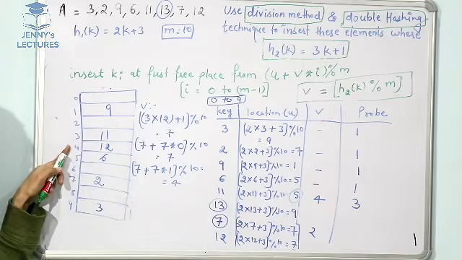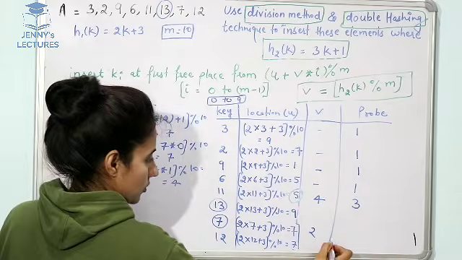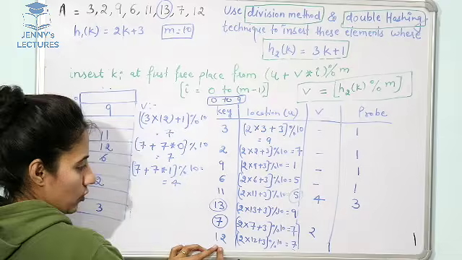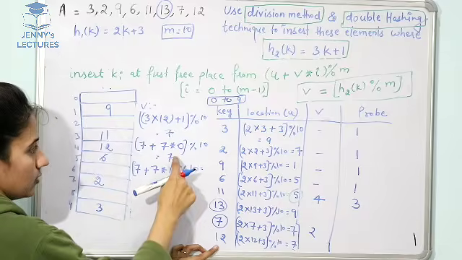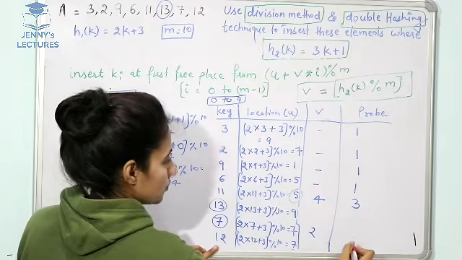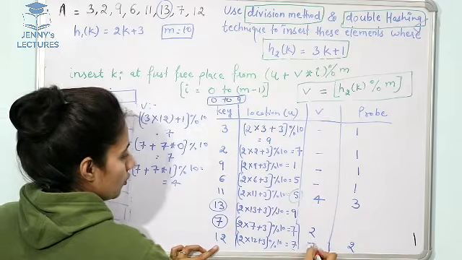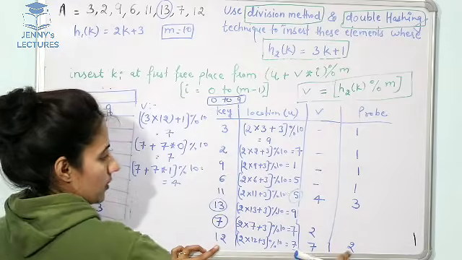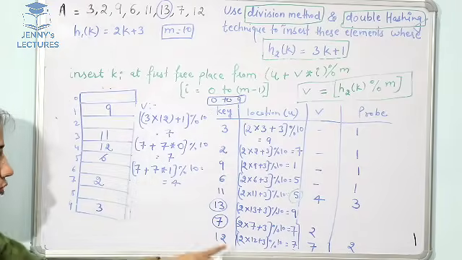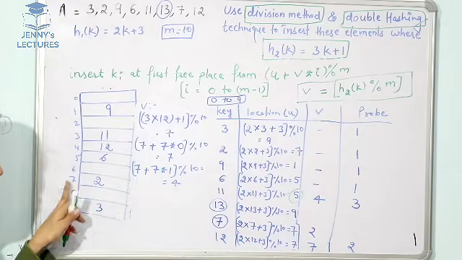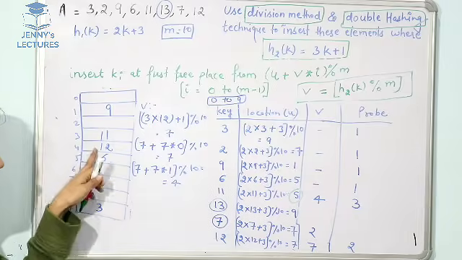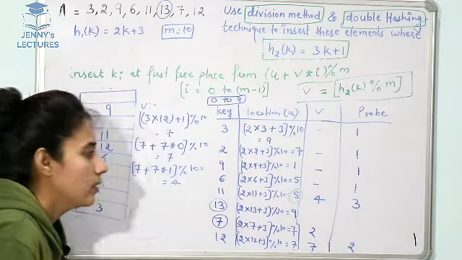Okay. Number of probes for this 12 is what? I guess 2. And value of V for this one is 7. The number of probes: first was 7, that is not free, next was 4, and this was free, so number of probes are 2.